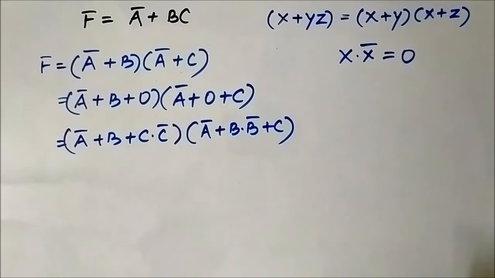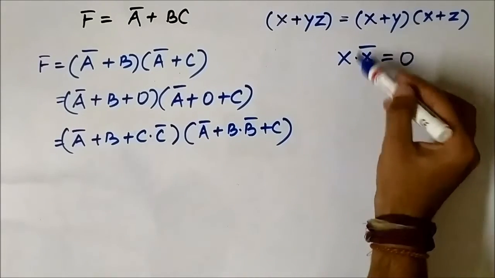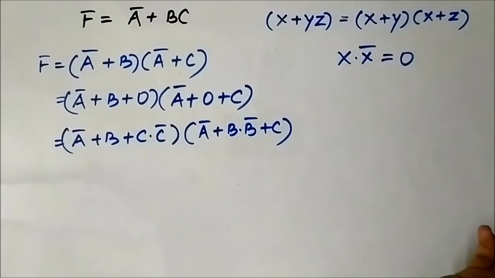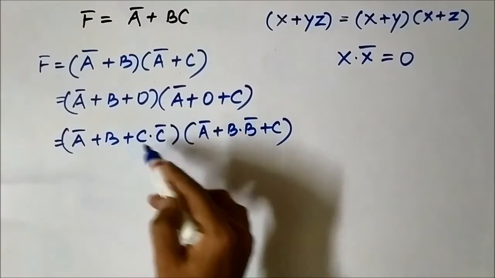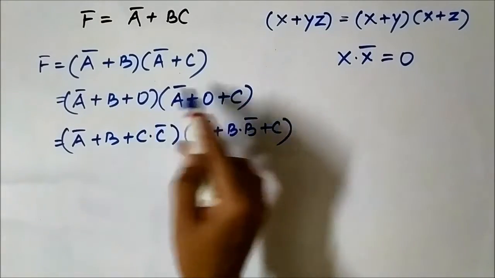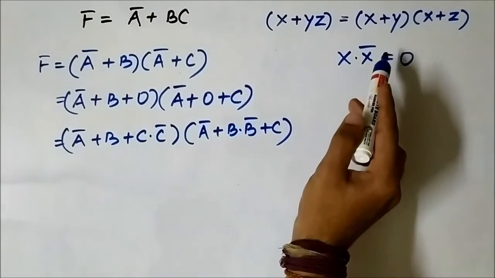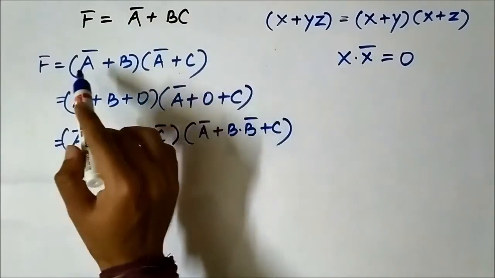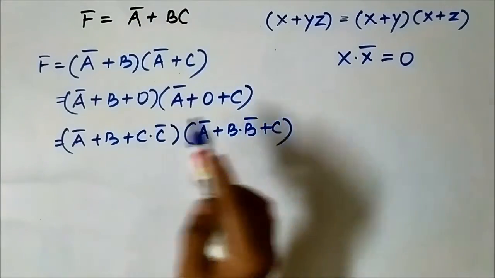What we have done is that we have utilized these two Boolean identities, and we have inserted the missing variables in the place of the zeros. First we manipulated it, converting this expression into this form using this Boolean identity.